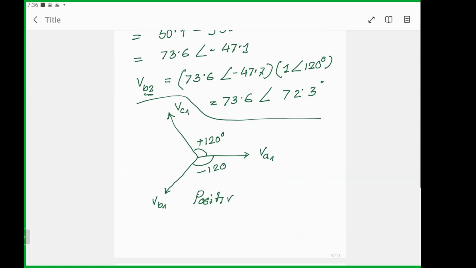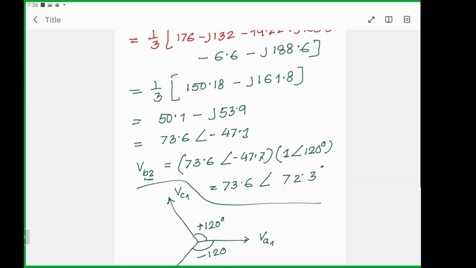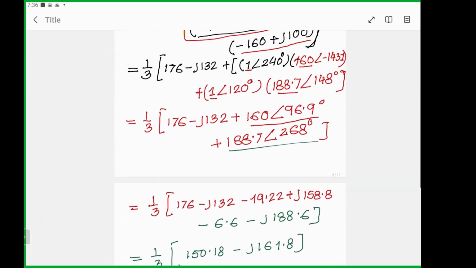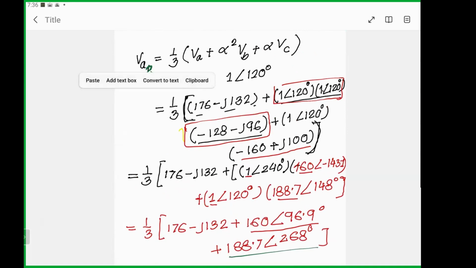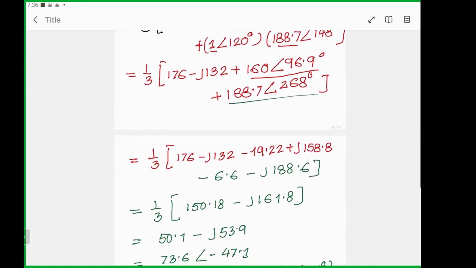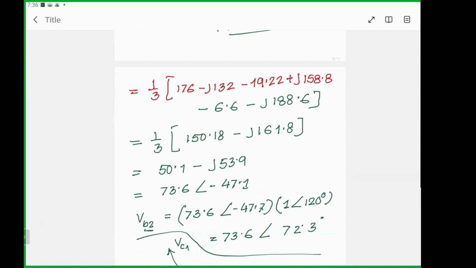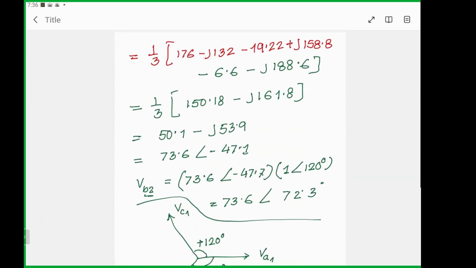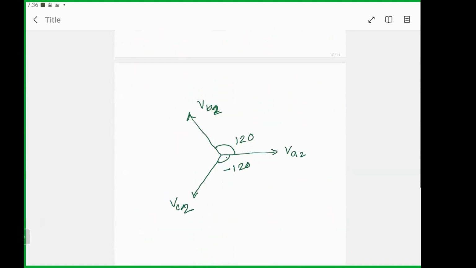So whenever we want to derive from one symmetrical component A2 to B2, I don't need to calculate all these steps. I just need to multiply with the angle. We need to understand this phasor diagram. For the negative sequence it is A2, C2, B2 in one direction, and rotating the other way I have A2, B2, C2.